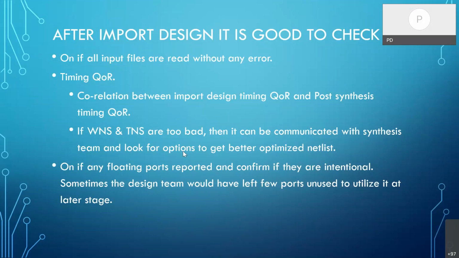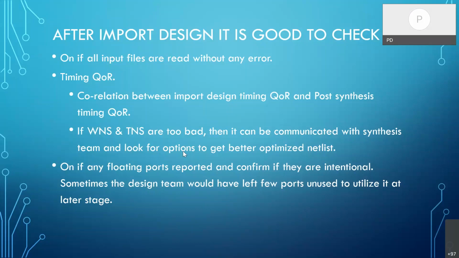Obviously, the first thing is whether all our inputs are read properly without any error. Many times it happens that the power intent file is not read properly. If we ignore that, later in the power planning stages there will be a problem. So first we should check that.